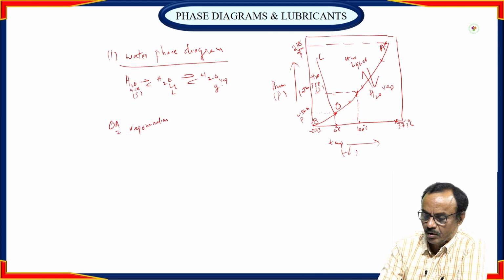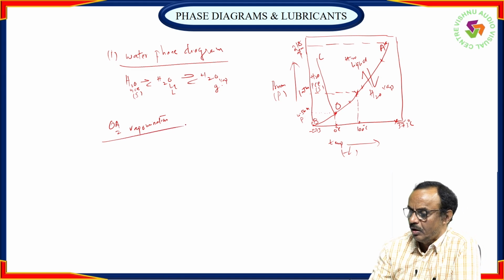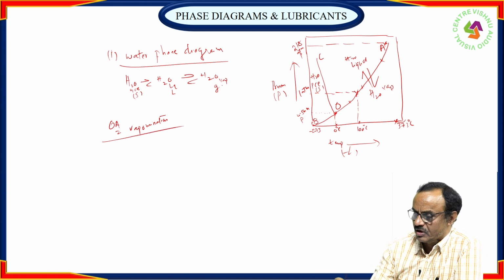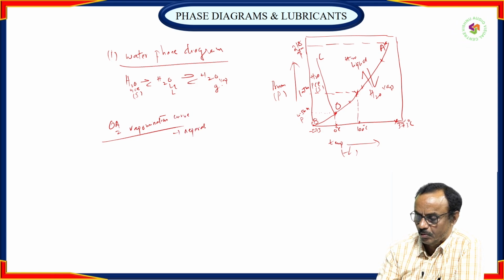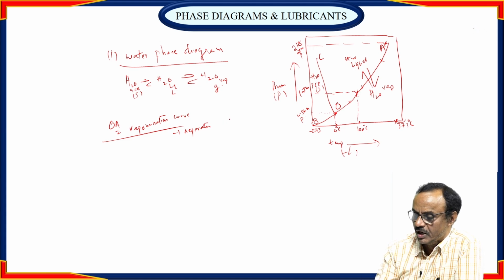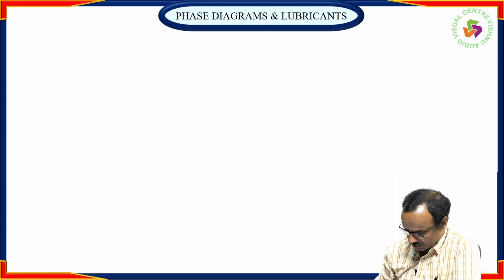Along OA, it separates both H2O liquid and H2O gas, vapor. You can write that equation also here.